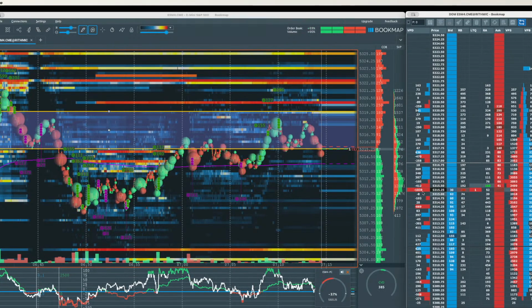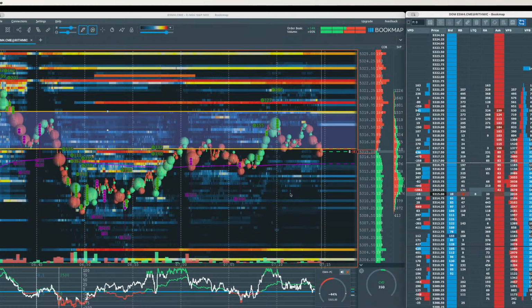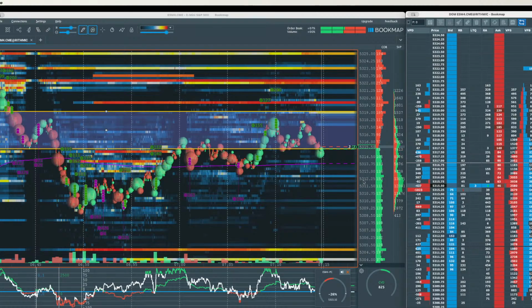So now we got some aggressive selling coming back in, moving back down to the VWAP. Now it just needs to push through this 53.13 into 53.12 for us to see a bigger move to the south.